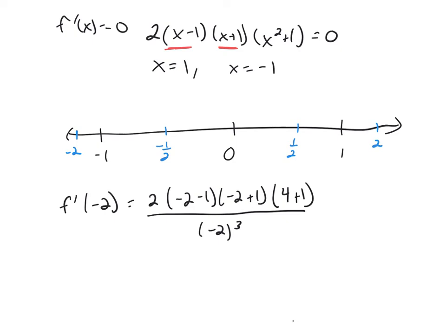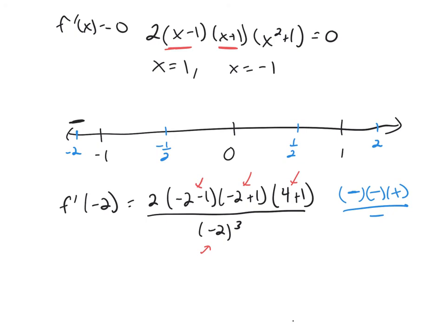Here I get a negative, and here it's also negative, negative, negative. And then this one over here is positive over a negative cubed, that's negative. So the numerator would be positive, the denominator would be negative. So overall, it would be negative.